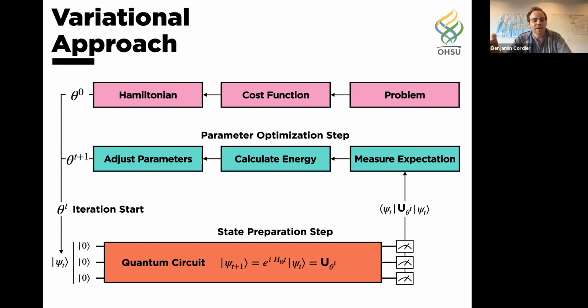You have this set of parameters theta, and these are used to parameterize a quantum circuit. You run it, measure the output, measure the expectation, then calculate the energy and adjust those parameters again, and you cycle through. You can think of this as an optimization or machine learning problem on the outer loop, and a quantum circuit on the inner loop.